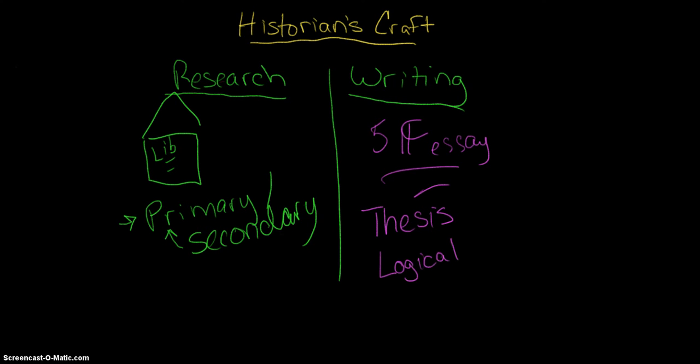We're going to be looking at a few different types of logical reasoning. The three that pop into my head right now are cause and effect, generalizations, and comparisons. Those are the three types of logical arguments that I can think of right now.